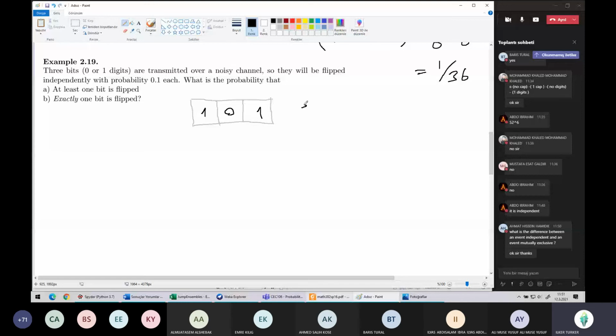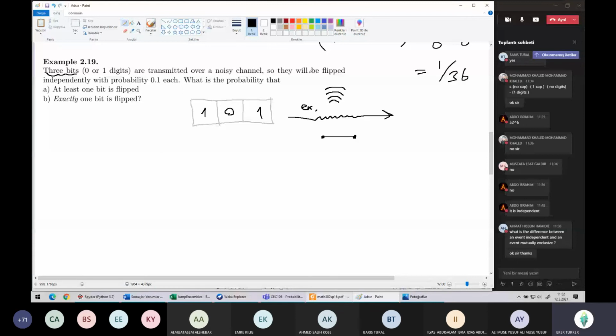Let's assume it is an example, okay? We have 3 bits like here over a noisy channel. We give it to the channel. What is a channel? Sometimes a wireless channel, sometimes a wired channel. Both channels may be noisy. Wired channels are a bit less noisy, but wireless channels may be a bit more noisy.